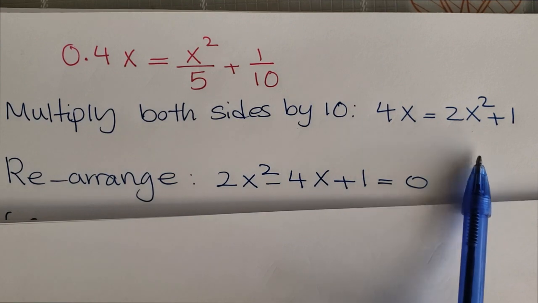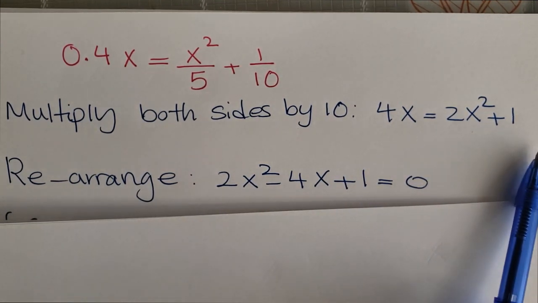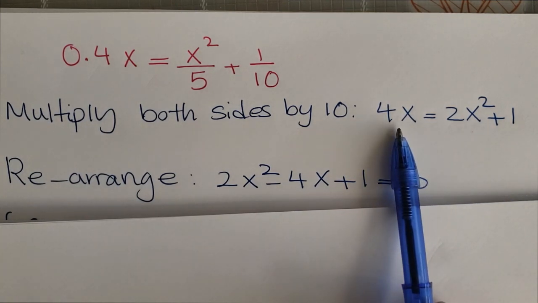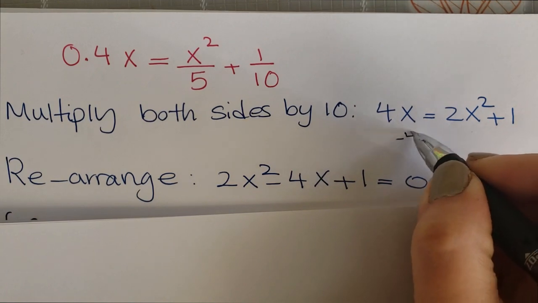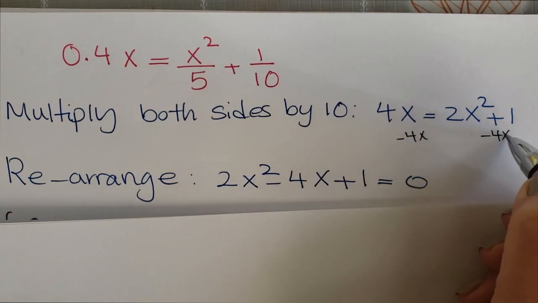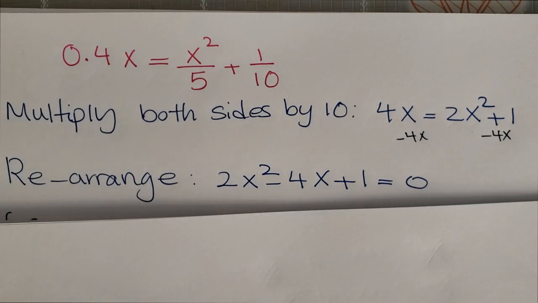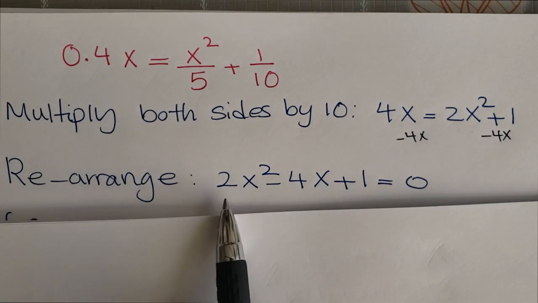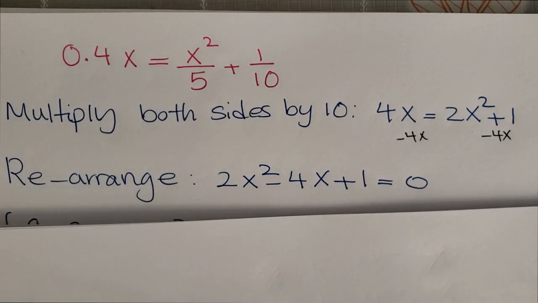I will move everything to one side. So 2x squared plus 1, and then I add negative 4x to both sides, okay? And then try to write everything in order. So here, a is 2, b is negative 4, c is 1.